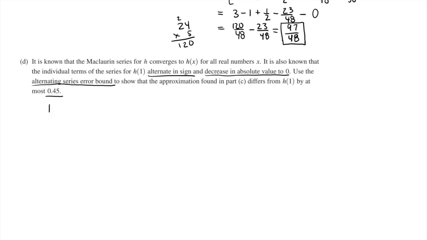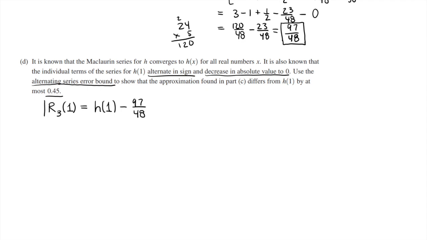So I'll let R sub 3 of 1 denote the remainder that we get. This is the difference between h of 1, the actual value of the function h at 1, and the approximation we found, which was 97 over 48, right?